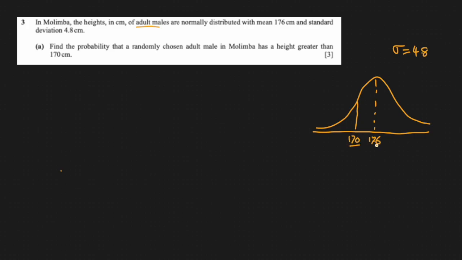There is a difference of 6 here, so we'll go to 182, 6 more. Because the normal distribution graph is symmetric, we'll find the Z score for 182. They want 170 or greater, so 182 and lesser will be the same, because 170 and 182 are reflections of each other. So if I find less than 182, it is exactly the same as greater than 170.